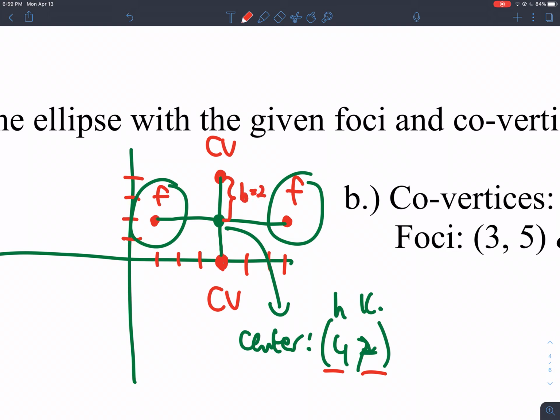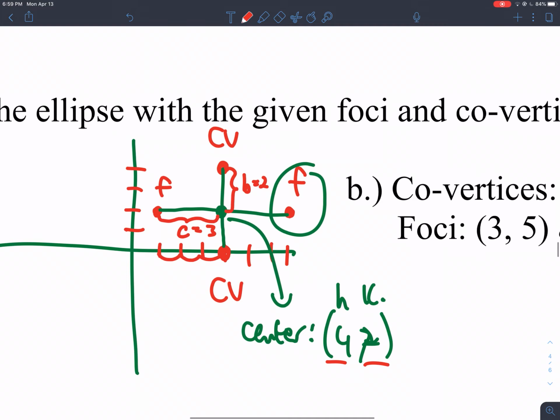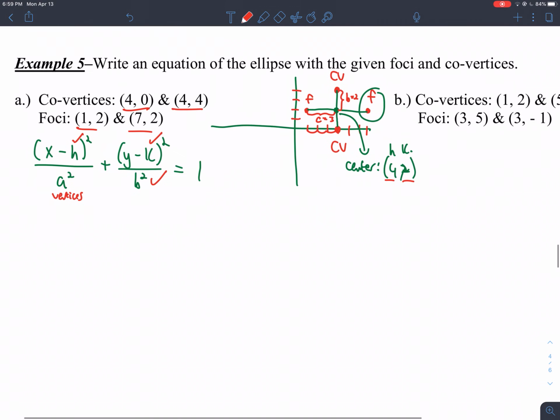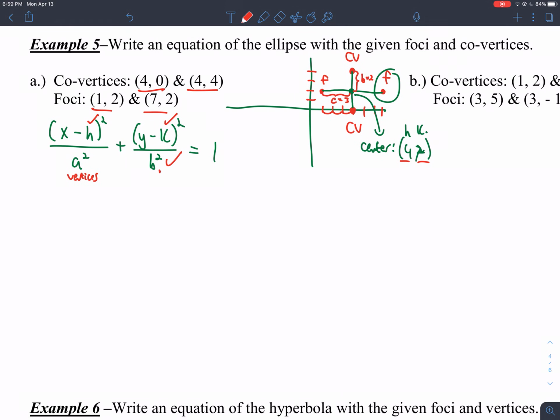I know b. And actually something else. I also know c. C is the distance from the center to the focus. And C, if you count that, 1, 2, 3. C is 3. Okay? So actually I have enough information to come up with b squared, and I have enough information to come up with a squared. So what you're doing is you're saying, oh, I have this formula.